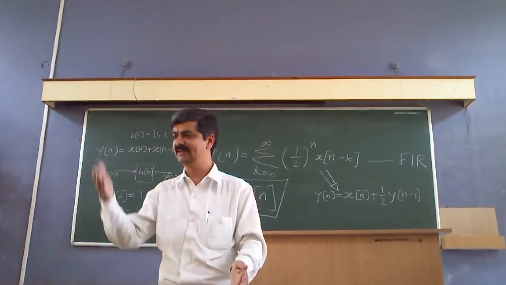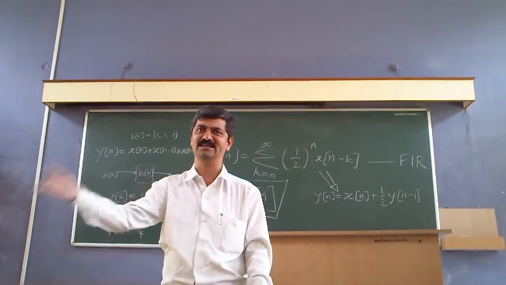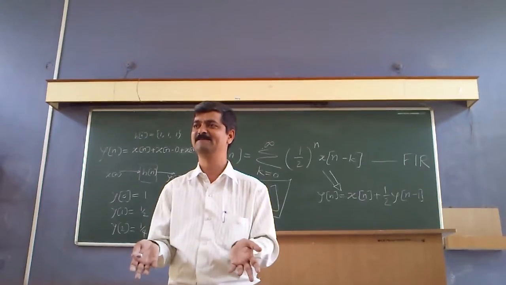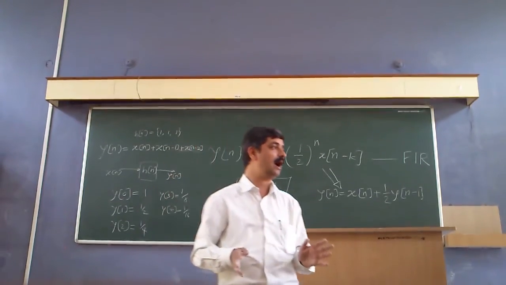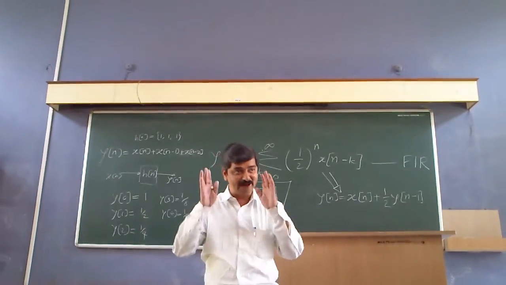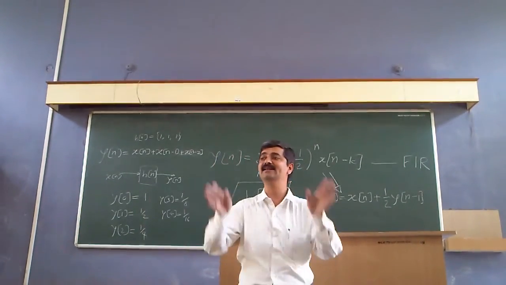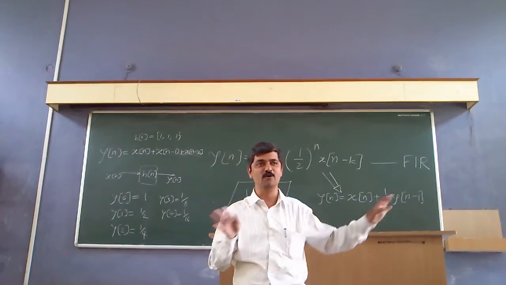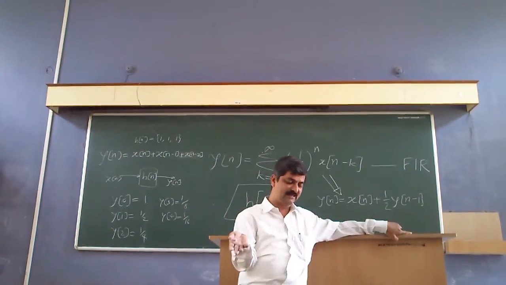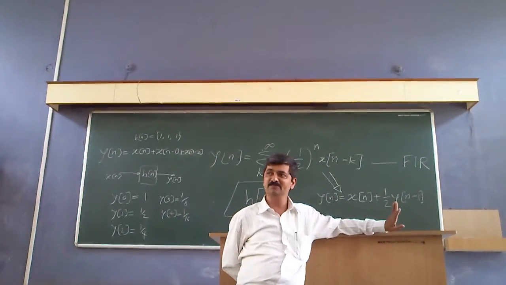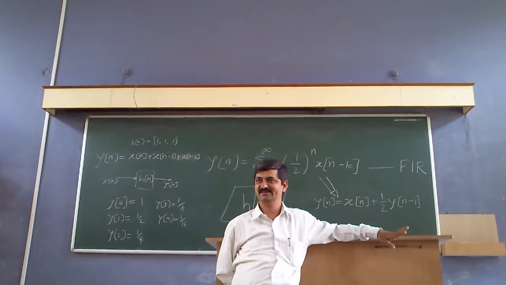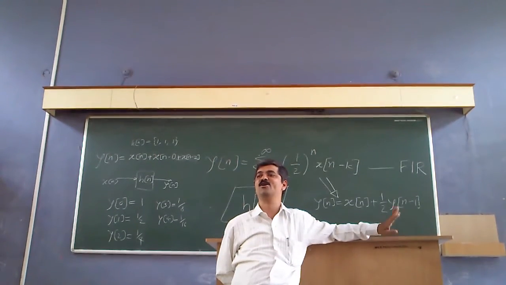What is my equation? x(0) equals this, x(1) equals this, x(2) equals this. So if I have an M-point sequence, I will have M equations. But it is beyond imagination to consider an infinite length sequence that is random. There is no purpose, because the term at n equal to infinity will never be known to me, because it is to occur at t equal to infinity.